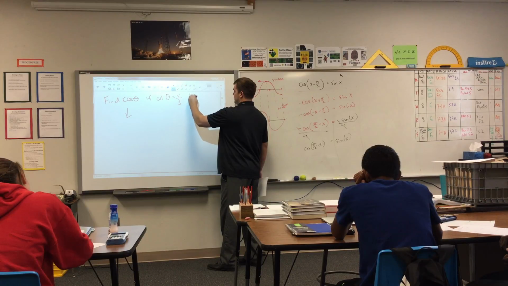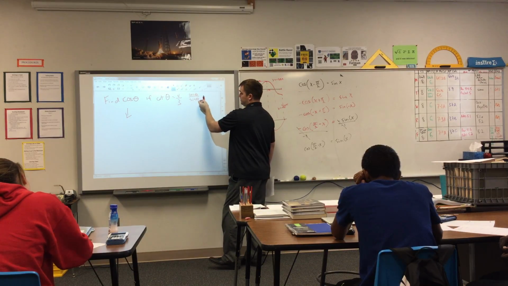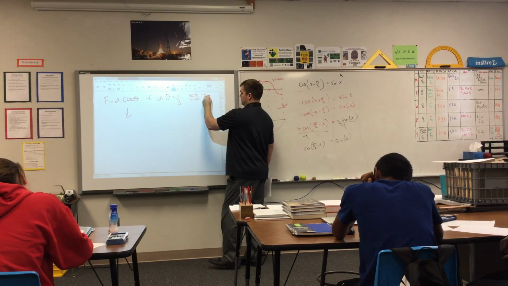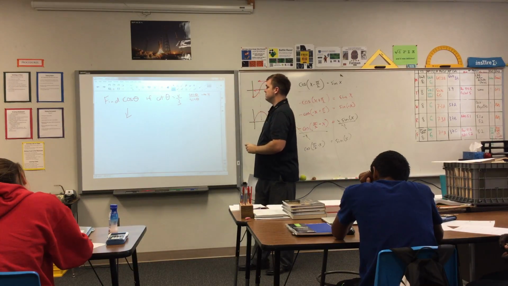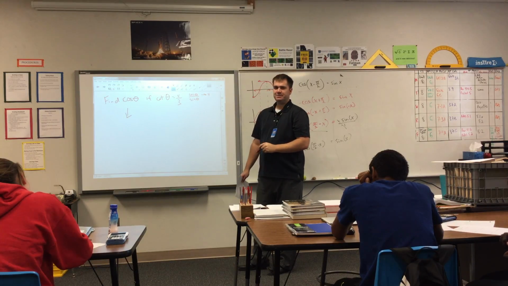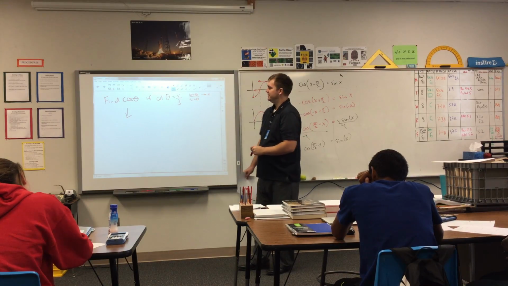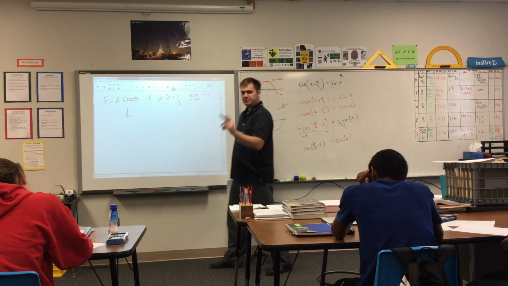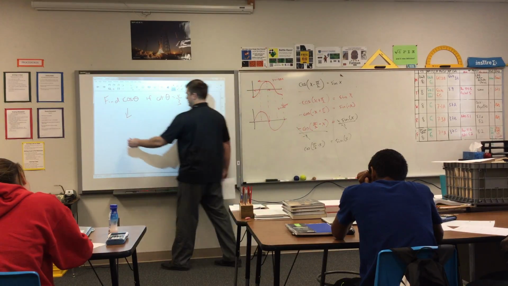Since you've got cosine over sine, wouldn't it just be 4? And then sine would be 3. I don't know, that seems a little sketchy. Let's reduce it to x's, y's, and r's and see if you're right.